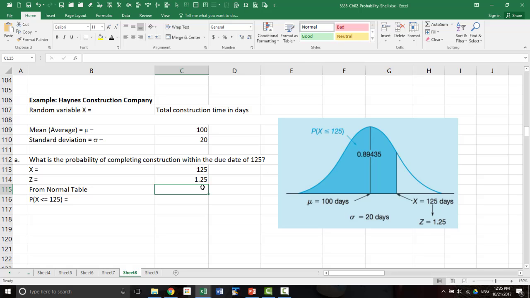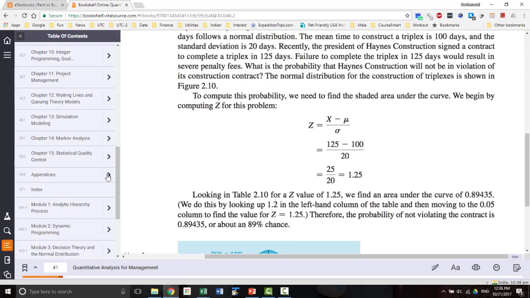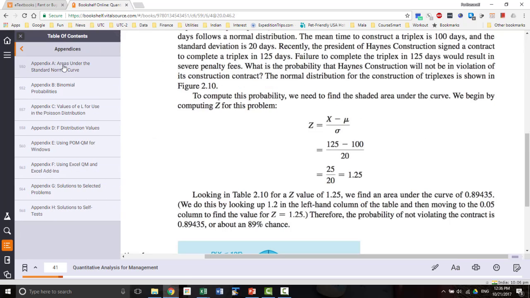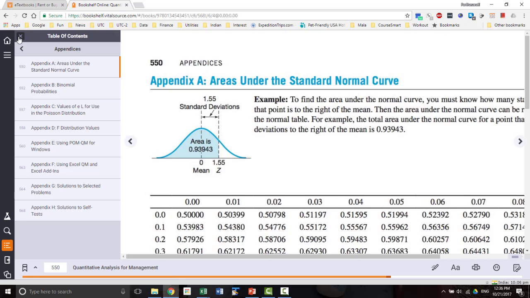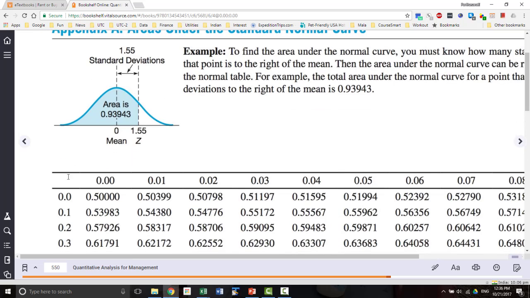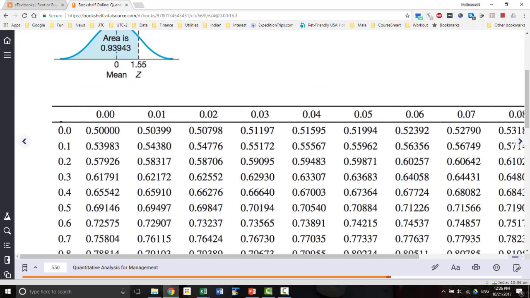Now we can look up from the normal table what the probability will be for 1.25. The normal table is in the appendix, and also it's in the chapter. Here, the integer part of Z and the first decimal place are given in the column.